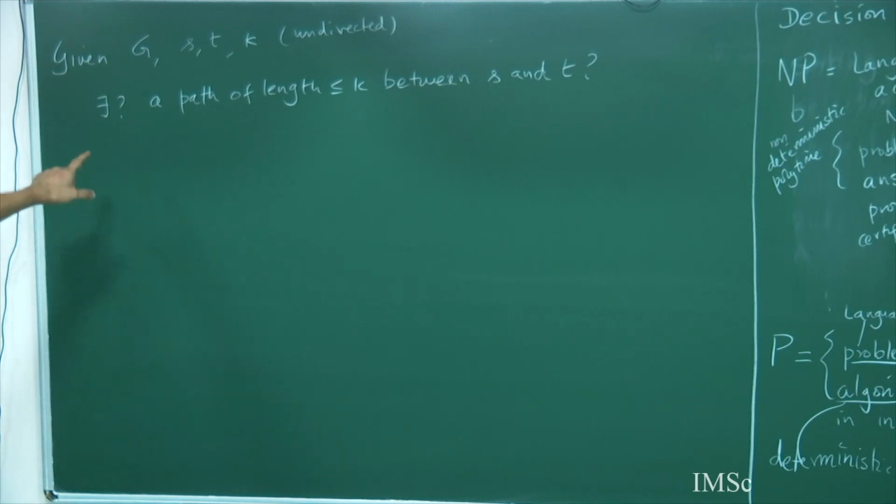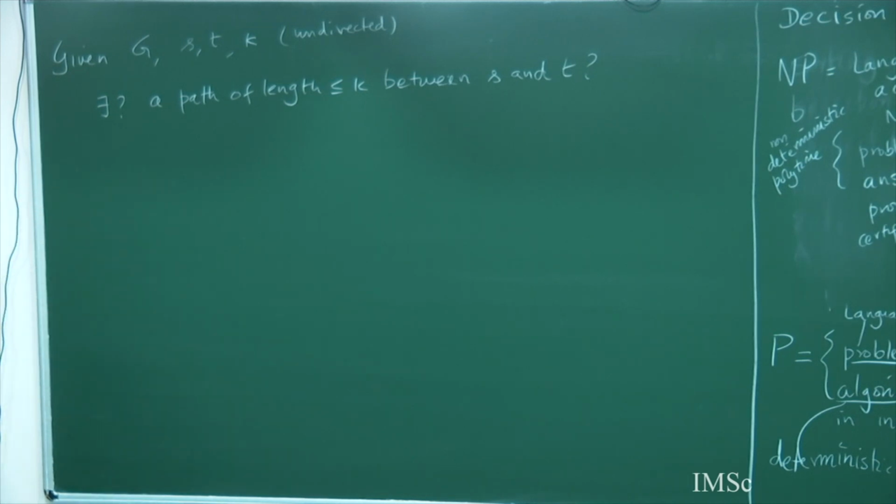So let's look at this problem. In fact, this will illustrate. Suppose I ask this question: given an undirected graph, two vertices S and T and an integer k, is there a path of length at most k between S and T? Is it in P or NP or what? This is in P, because it's an undirected graph.